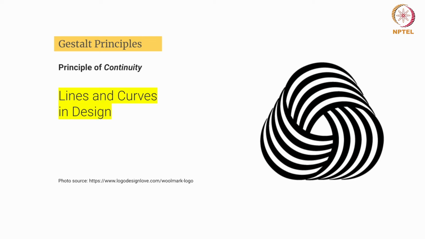The Woolmark logo was designed by the Italian graphic artist Francesco Saroglia. It was launched in 1964 in Britain, the US, Japan, Germany, Holland, and Belgium together, and it has become one of the most, I would say, sustainable logos because it hasn't changed since.